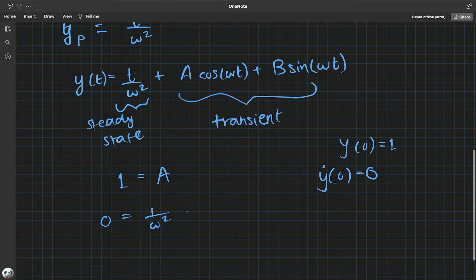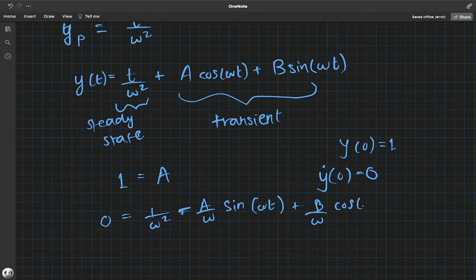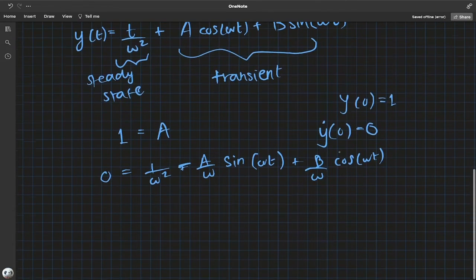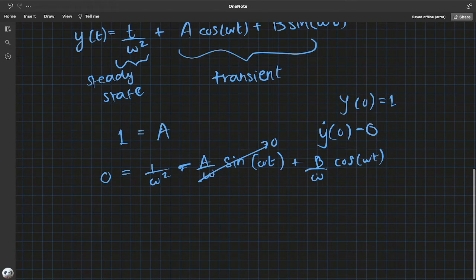And then the sine, this will be a over omega negative sine omega t, b over omega cosine omega t. If you plug in time 0, this will just go to 0, this will go to 1. So we have b over omega equal to negative 1 over omega squared.